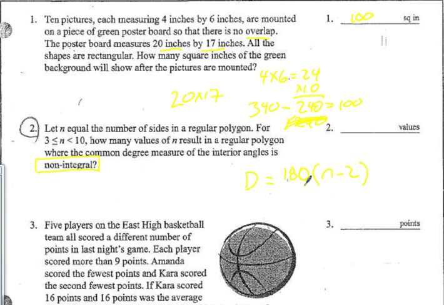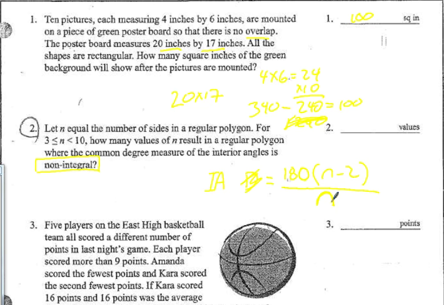Now, this is how many total degrees there are. But if we want the interior angles, we need to divide this by the number of angles there are. So the total interior degrees in a polygon divided by the number of angles will give you how much each angle is, and so that's n.